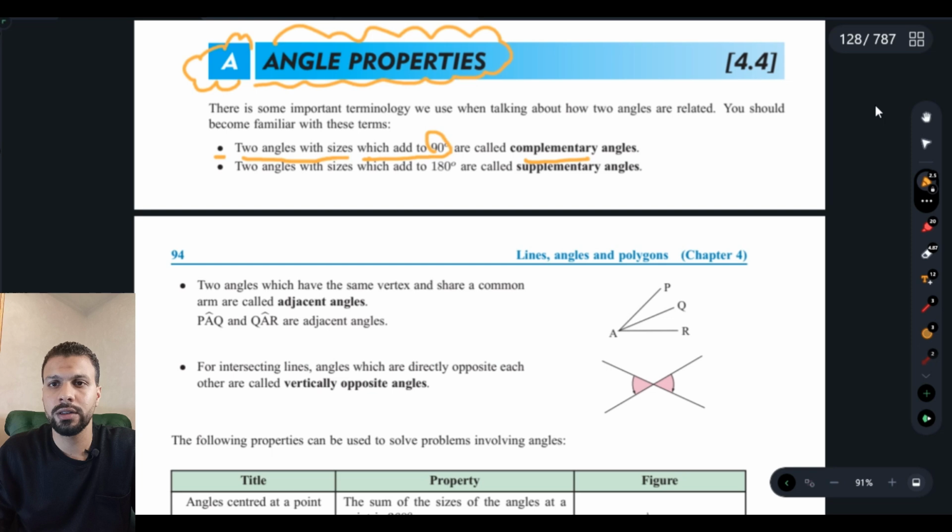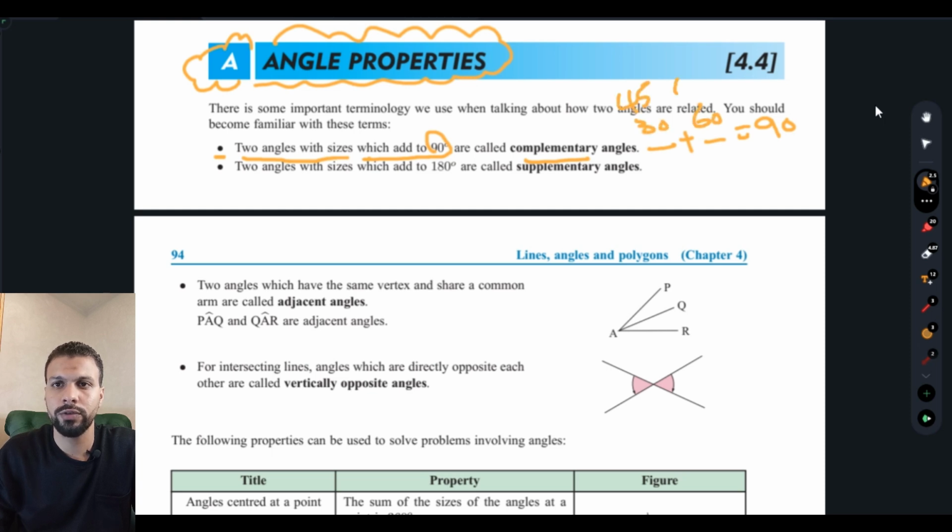Complementary means the sum of the two angles is equal to 90. For example, 30 and 60, 45 and 45, 10 and 80. So again, complementary angles mean the sum of two angles is equal to 90.